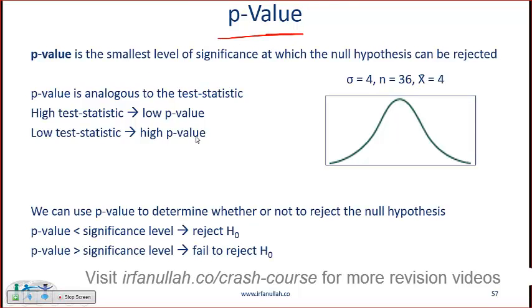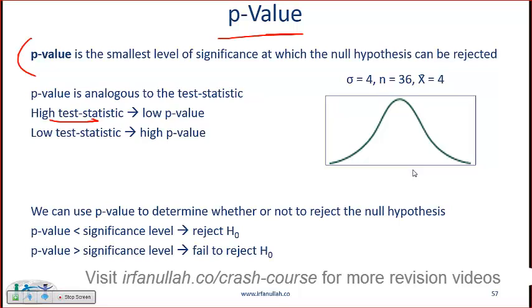Another important concept is the p-value, and people get confused by this. At the very least, you need to understand how to use this, whether or not you fully understand it at this stage, but you need to know how to make this work on the exam. So remember this definition. P-value is the smallest level of significance at which the null hypothesis can be rejected. It is analogous to the test stat. So there is a very straightforward relationship between the test stat and the p-value.